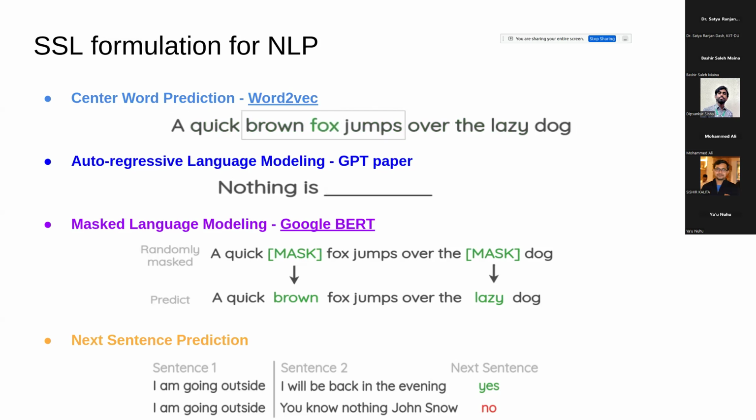In the case of images, it will learn how an image is constructed and what information is present. For a cat, for example, the nose will be in the middle, the ears will be on top of the nose, and the mouth will be below the nose. All that information will be captured by the model. Then you can use that information to build a different model for different tasks.